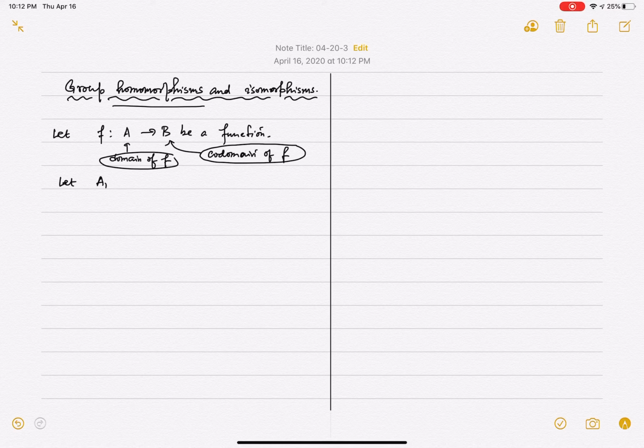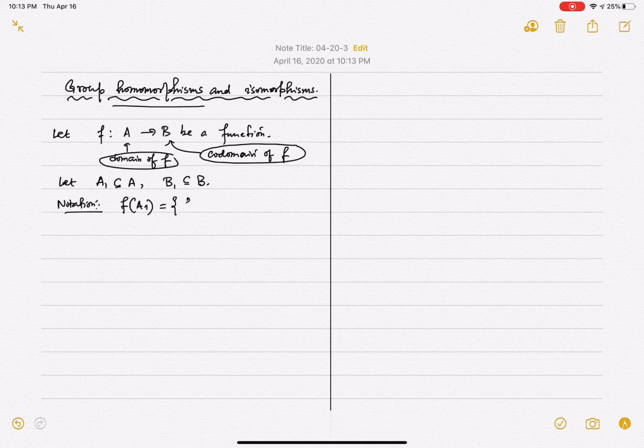Let's take some subset of A and some subset of B. Then we write f of A1 to mean all the things you get by applying f to all elements of A1.